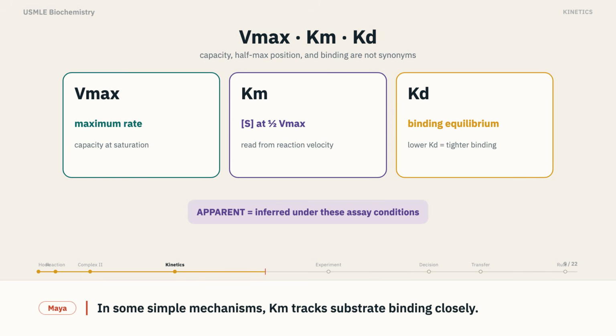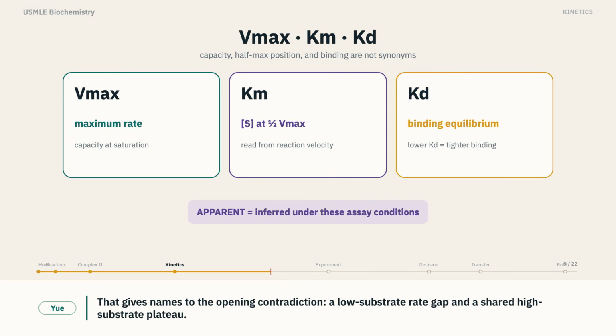In some simple mechanisms, Km tracks substrate binding closely. In others, catalytic steps also contribute. A change in apparent Km does not by itself prove that the intrinsic binding strength of succinate at an unoccupied SDHA site changed.